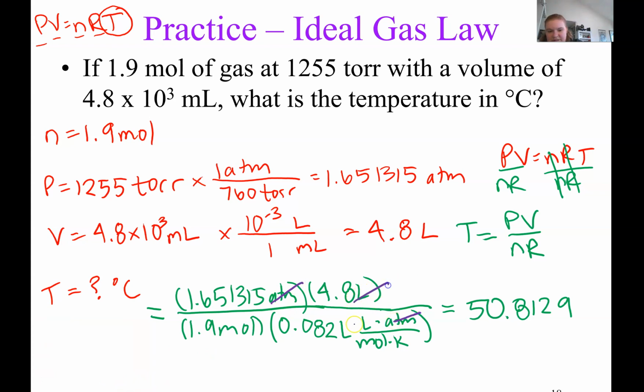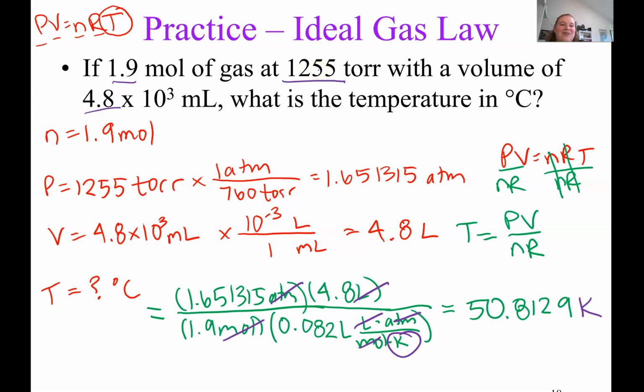Atmospheres, liters, moles, and we're left with 1 over Kelvin. So we have 1 over a fraction, which is the same as multiplying by the reciprocal. So we get Kelvin.